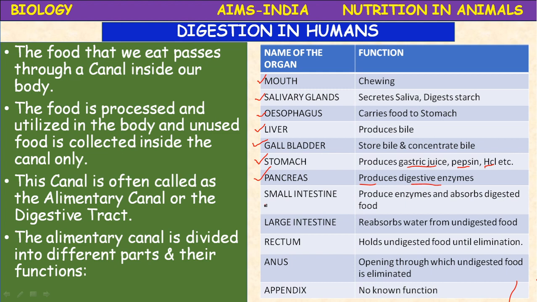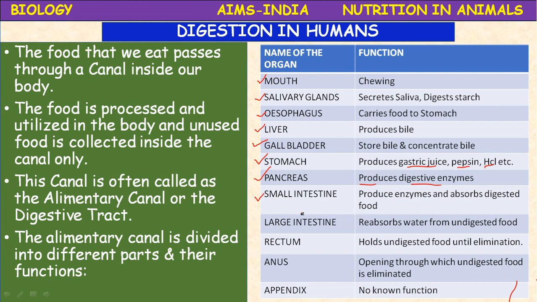Next, small intestine. Though it is named small intestine, if you take the length, it is very large. The length is very big compared to the large intestine, whereas the diameter is small.